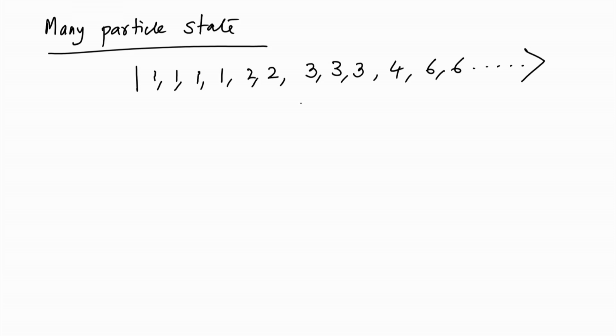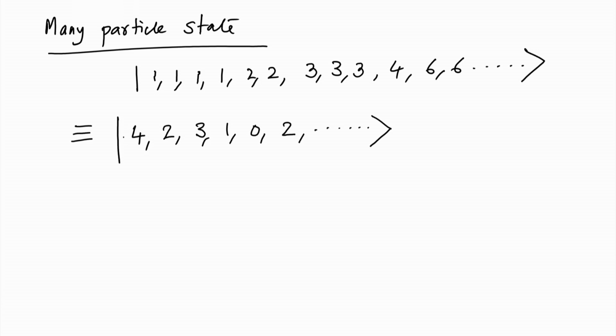Now, this notation for a many particle system can be simplified if we simply write this as 4 and then 2 and then 3 and then 1 and 0 and 2 and so on. So, in going from this many particle state on the top, written in the position basis, we have gone to a many particle state where we have simply written down the number of particles that are at each position.